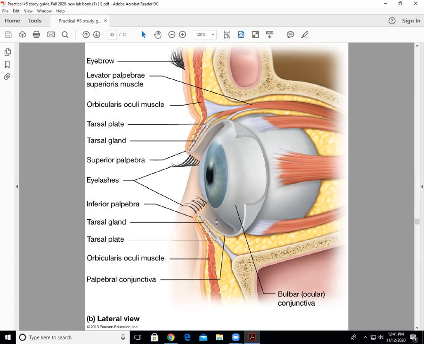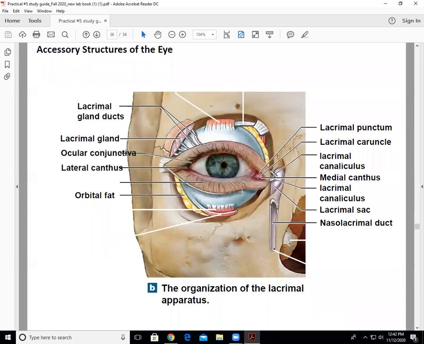So palpebral conjunctiva, bulbar or ocular conjunctiva. Again, lateral canthus, medial canthus. You can see a bit of the ocular conjunctiva here.